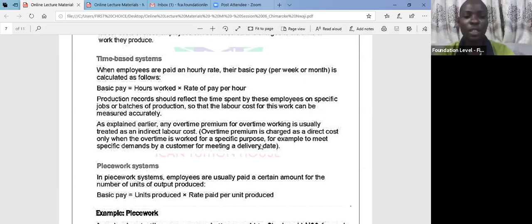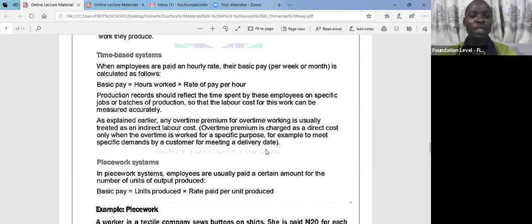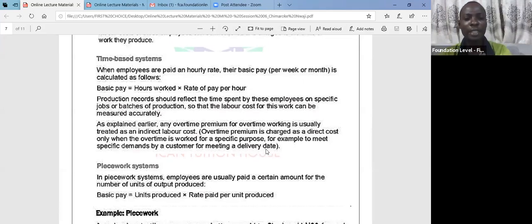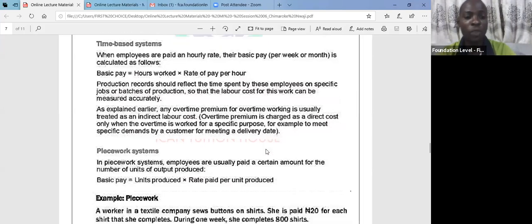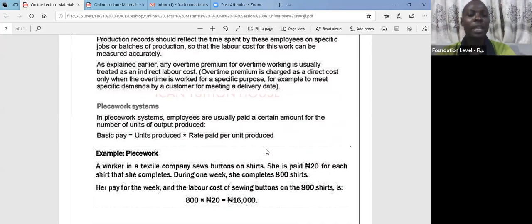Now, the next one is piecework system. In piecework system, you are looking at the number of units produced. So the basic pay is the number of units you produce multiplied by the rate paid per unit produced. Look at example of piecework. A worker in a textile company sews buttons on shirts.